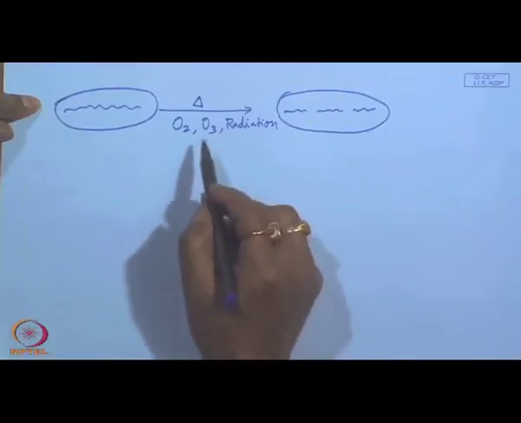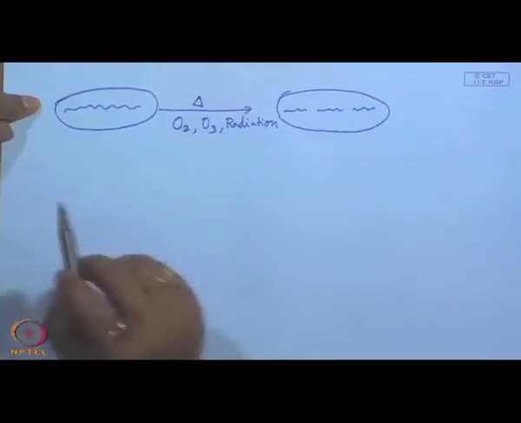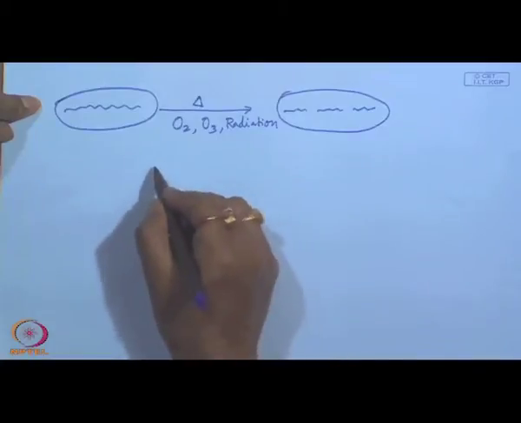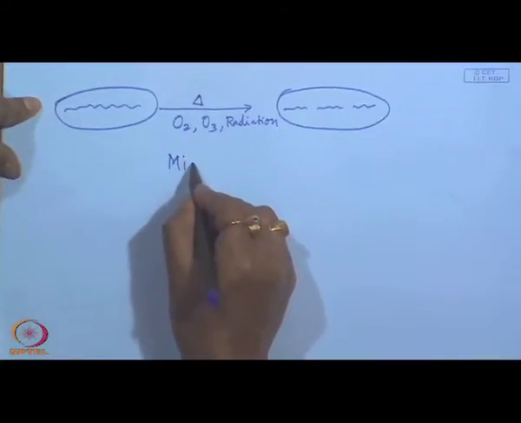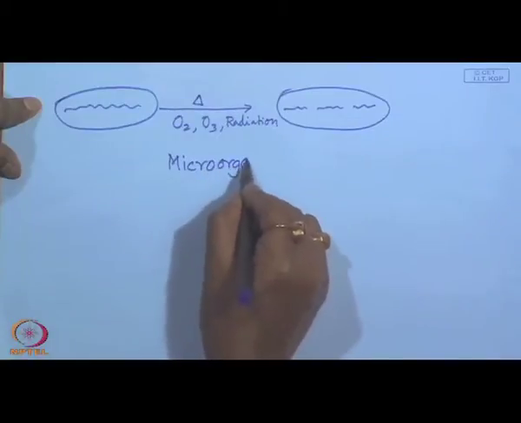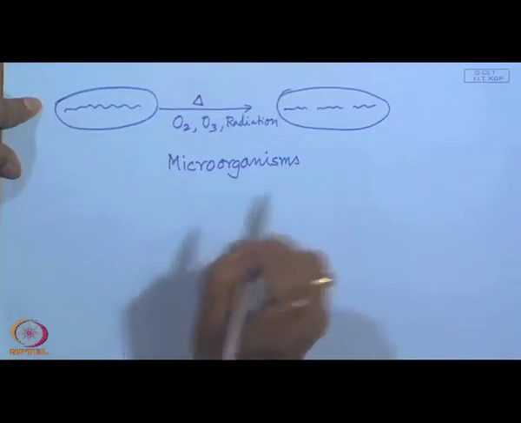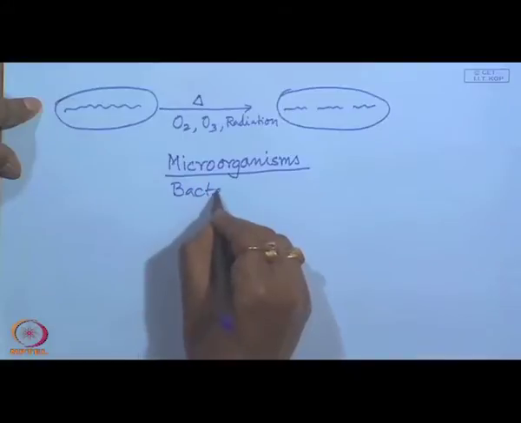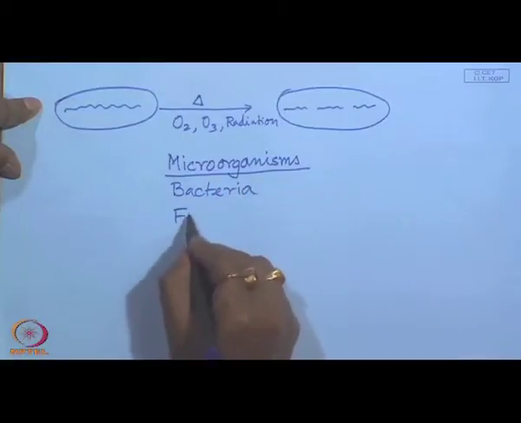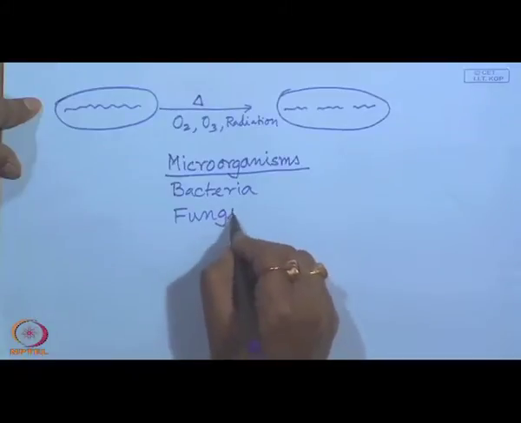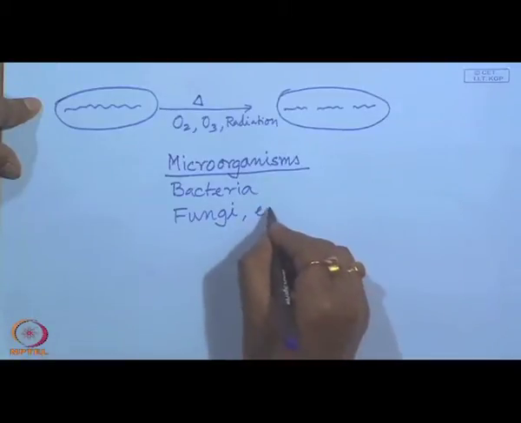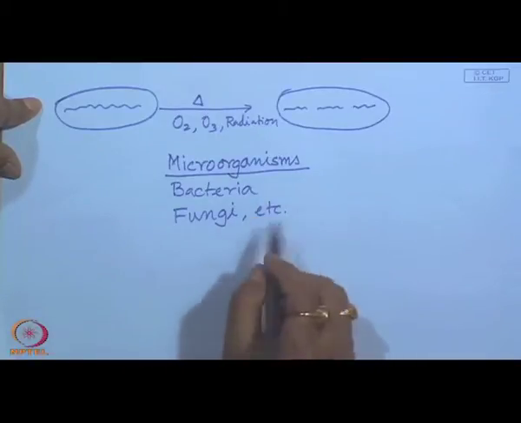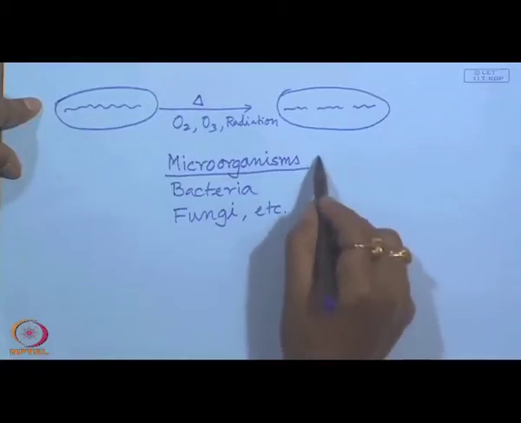Apart from this effect of oxygen, ozone, heat from the environment, there can be agencies like microorganisms. These microorganisms may be bacteria, fungi, etc., which attack the carbonaceous materials, these polymers, and degrade the polymers.